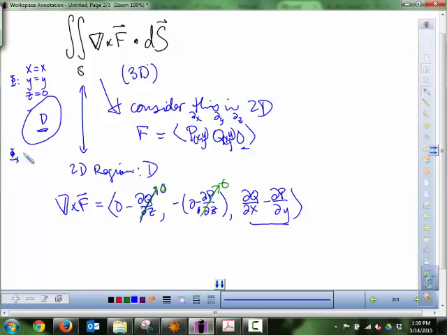So phi sub x, the derivative of phi with respect to x, is 1, 0, 0, taking the derivative with respect to x of the parametrization. The derivative of phi with respect to y is 0, 1, 0. So what's the cross product of this?